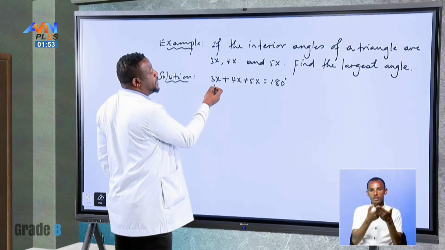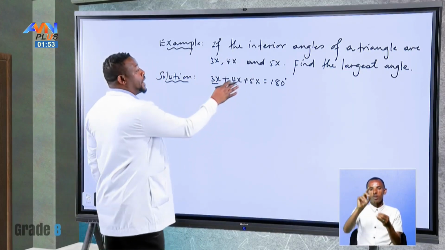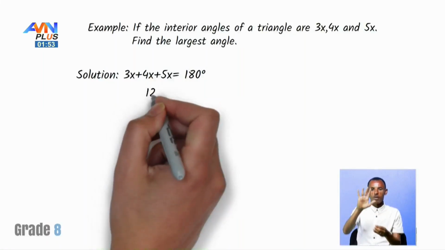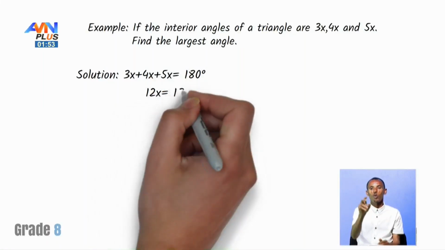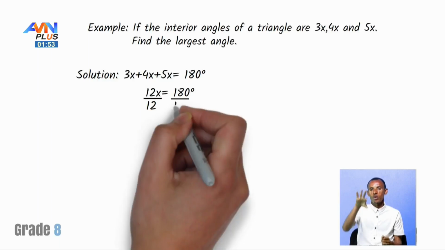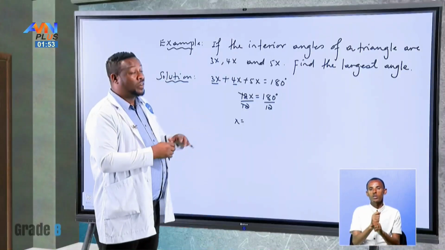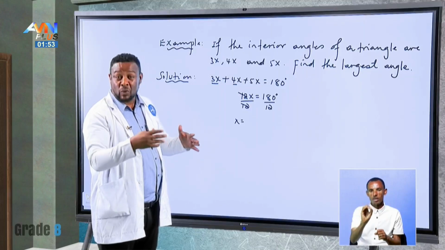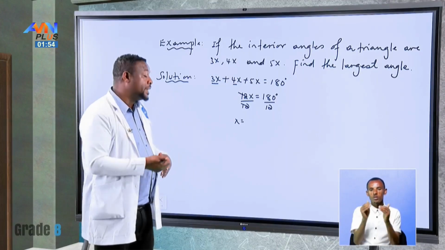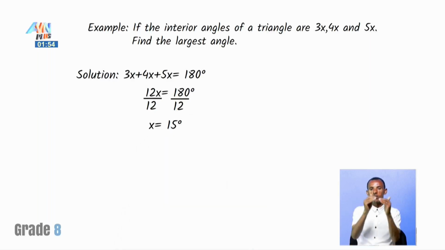So these are like terms. 3x and 4x is 7x. 7x and 5x is 12x. So 12x is equal to 180 degrees. Now, dividing both sides by 12, you get some value for x, okay? 180 divided by 12, the result is 15, okay? So x is 15 degrees, right?